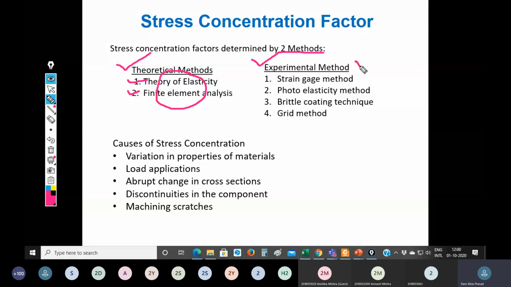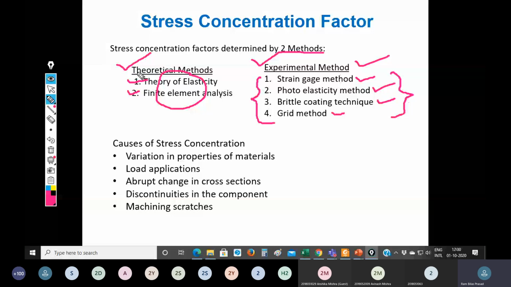The second method, that is the experimental method, includes the strain gauge method, photoelasticity method, brittle coating method and grid method. Again, these are not in your syllabus, out of scope of this course, right?